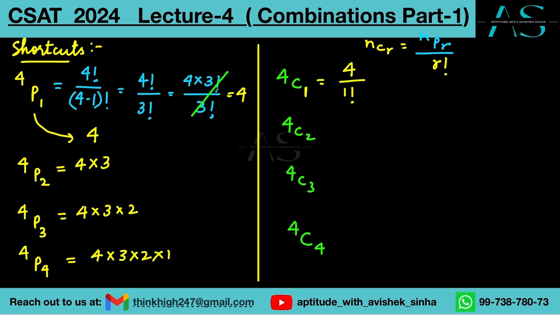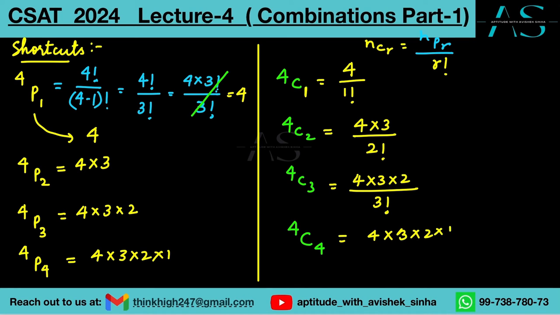Now how do we write 4C2? 4C2 would be 4 into 3 upon 2 factorial. How do we write 4C3? 4 into 3 into 2 upon 3 factorial. How do we write 4C4? It is nothing but 4 into 3 into 2 into 1, 4 places, upon 4 factorial.